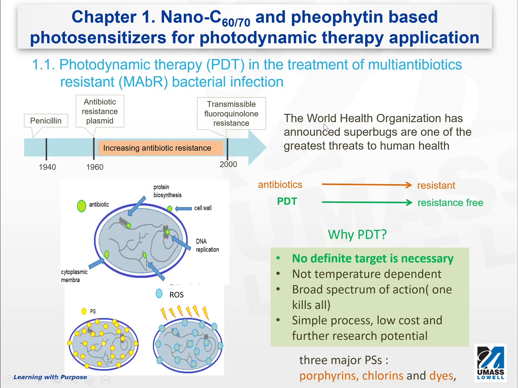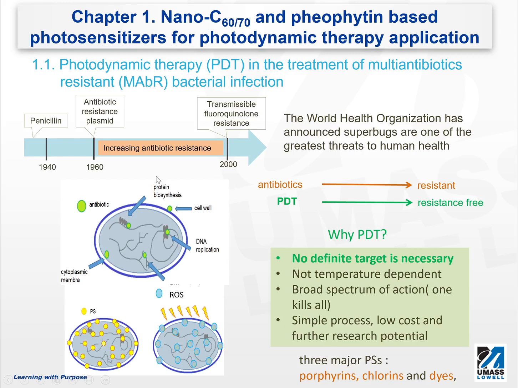And nowadays, the WHO has already announced the antibiotic-resistant bacteria, also known as superbugs, are one of the greatest threats to human health. So that means antibiotic might not be an ideal drug in killing the bacteria that have antibiotic resistance. However, photodynamic therapy might be a good way in killing the antibiotic resistant bacteria.